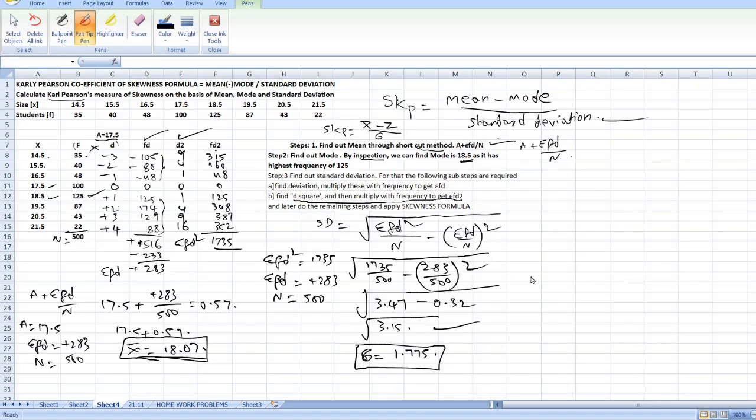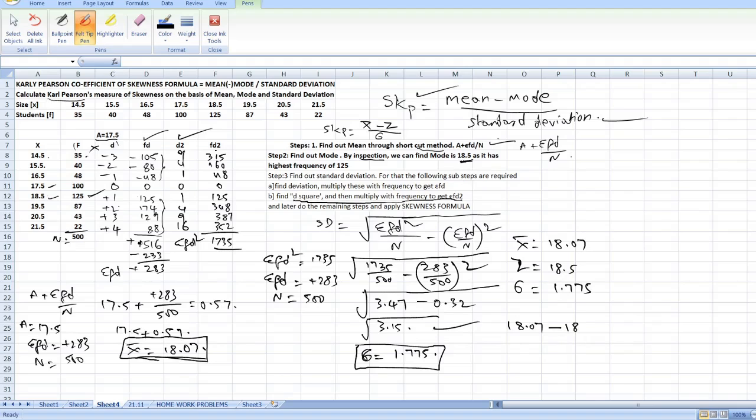Okay students, now you have got all the values. Arithmetic mean is equal to 18.07, mode is equal to 18.5, standard deviation is equal to 1.775. So the formula to find out Karl Pearson coefficient of skewness is mean minus mode divided by standard deviation. What is the mean? 18.07.